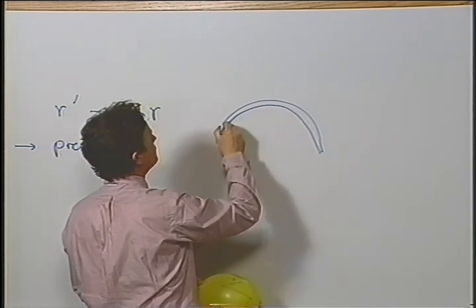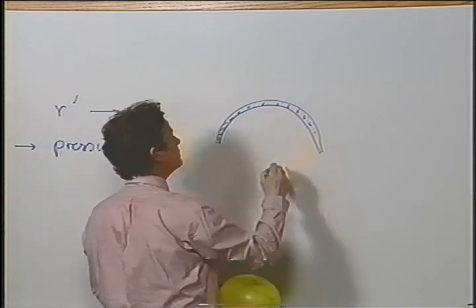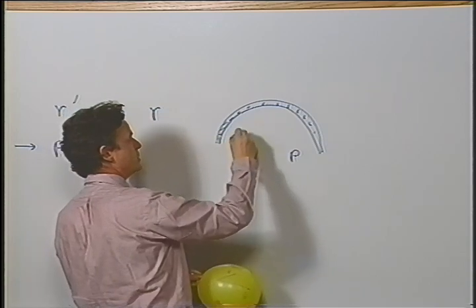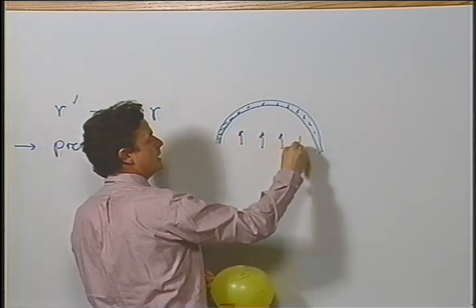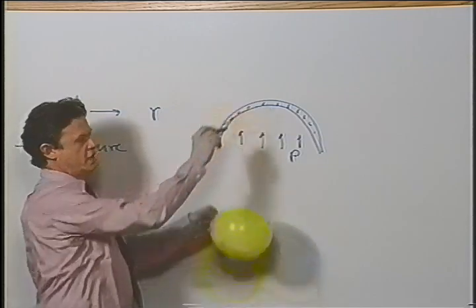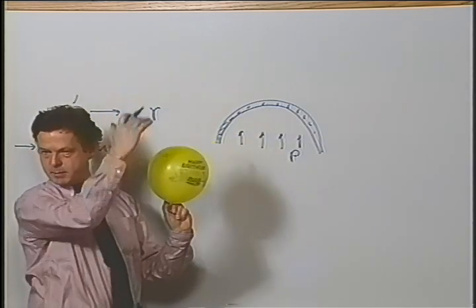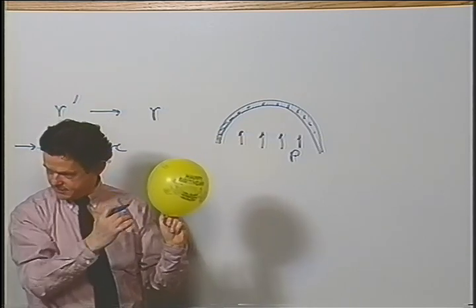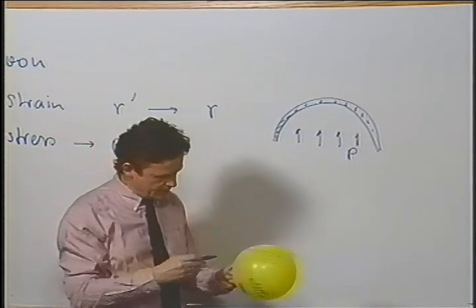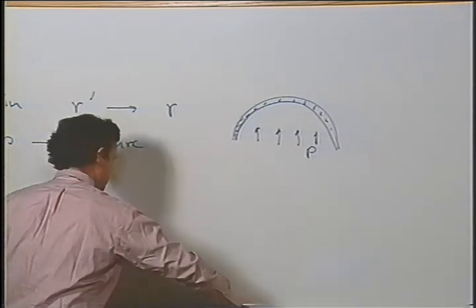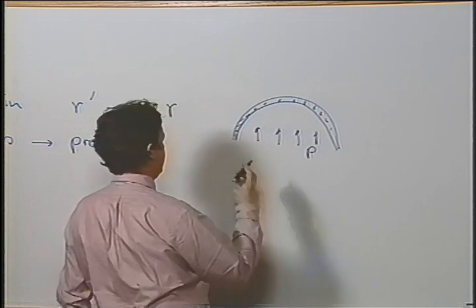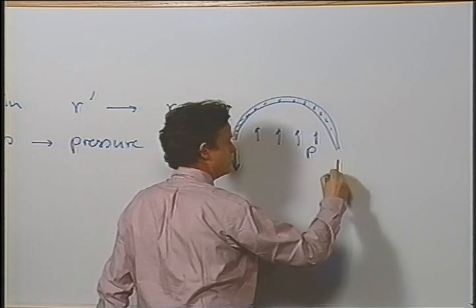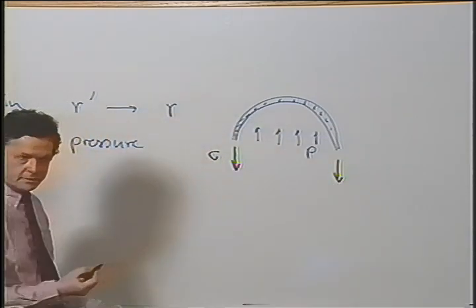So this is the skin of this balloon, and we have an interior pressure, and this pressure is pushing the upper half of the balloon up and the lower half of this balloon down. And what keeps the balloon together? Now, that's a stress acting on the skin of this balloon all around.